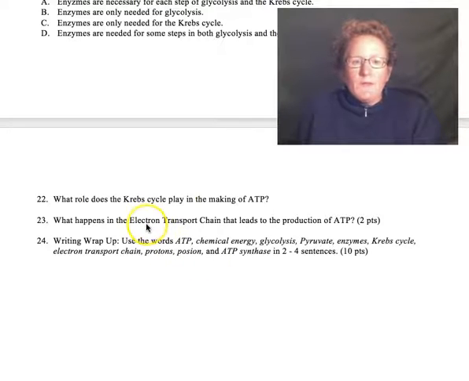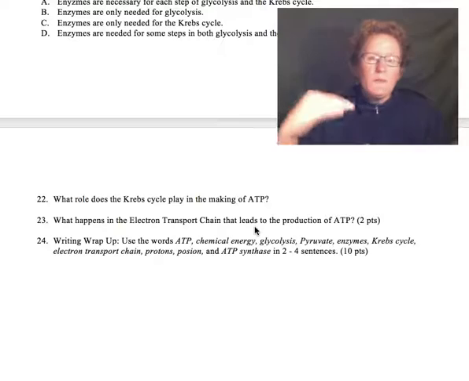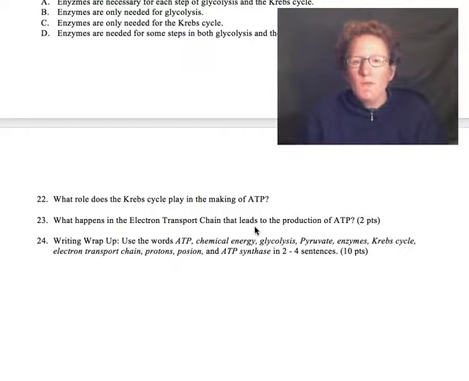When we take those high energy molecules to the electron transport chain, we trade around some high energy electrons to move protons or H+ ions across the inner mitochondrial membrane.